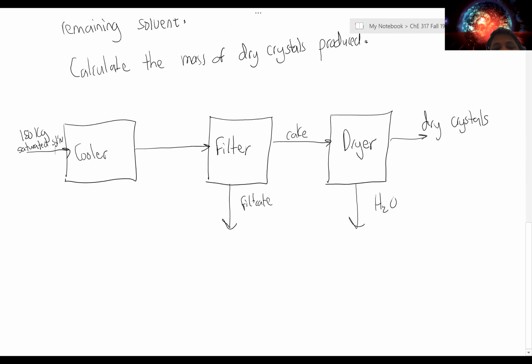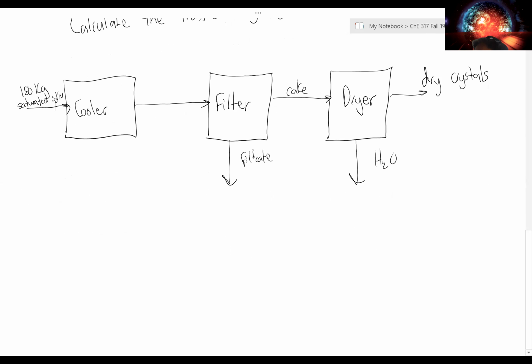And so for this process, at 100 degrees C, the solubility of silver nitrate is approximately 952 grams of silver nitrate per 100 grams of water.